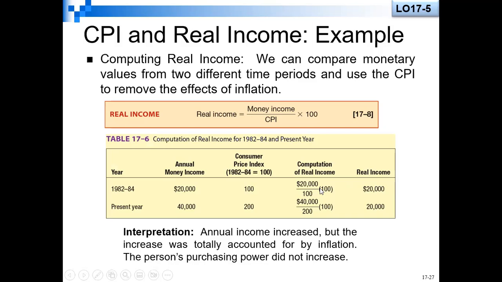When you come to look at it, if you multiply 20,000 by 100 and you multiply 40,000 by 200, you can see your real income did not change, because with your $40,000, you would only be able to buy the same things that you bought last year. So your real income has not changed. So if you bought one apple this year to eat, next year your income has doubled, but you will not be able to buy two apples. You can only buy one apple because the price of apple has doubled.